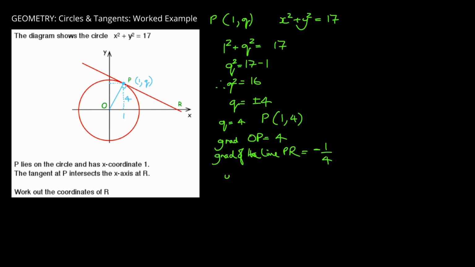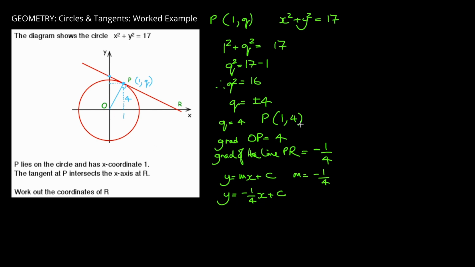Its equation must be in the form y equals mx plus c, and we know that m is equal to negative a quarter. So we've got y is equal to negative a quarter x plus c. The only thing we don't know is the intercept c, which is here.